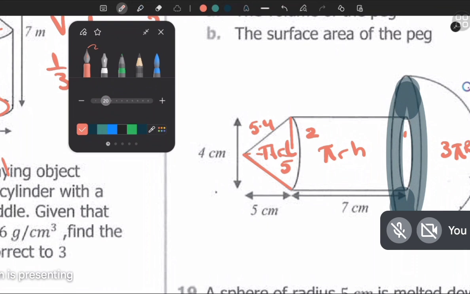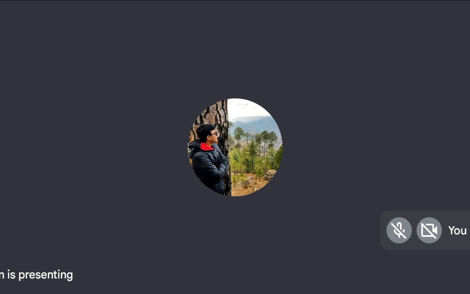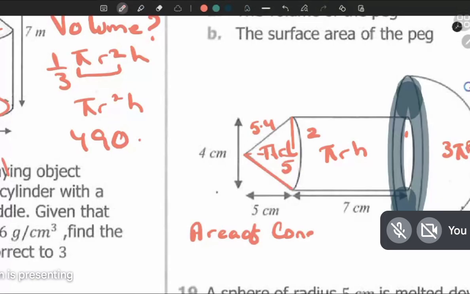So now what will pi r l be? Area of cone is, okay, issues with this?